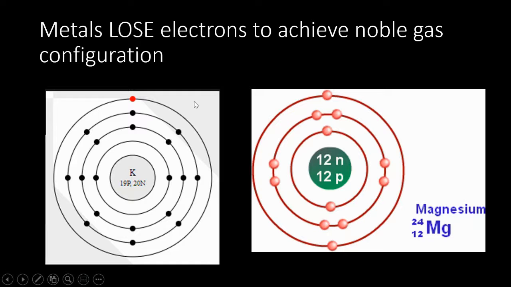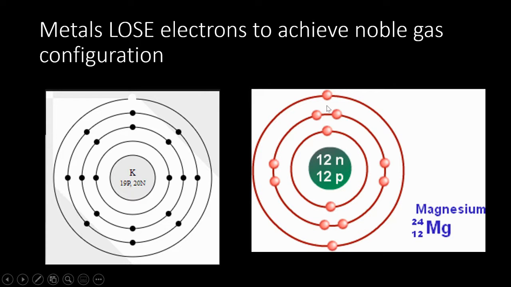So let's take a look at some of those metals. Right here's potassium. It has 19 electrons, that outermost electron all by itself. When that disappears, then it has 18 electrons like argon, and it thinks it's stable, and it thinks it's like a noble gas, and it thinks it's like a Kardashian, and it's pleased with itself. So losing that electron is helpful to potassium.